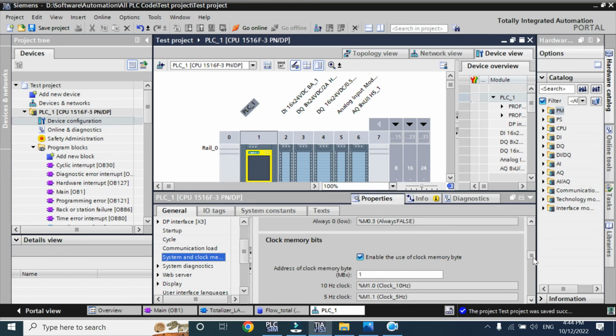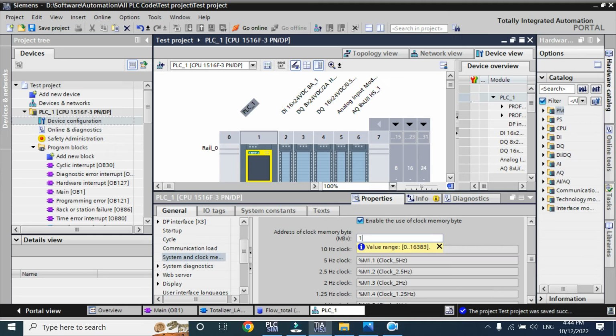The clock memory bit is MB1, byte 1, and M1.0 is our fastest cycle, and it is 10 hertz, meaning a 100 millisecond pulse. Okay, we'll use that one. This is the fastest clock memory we have.